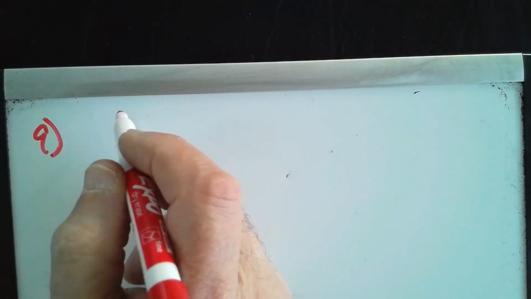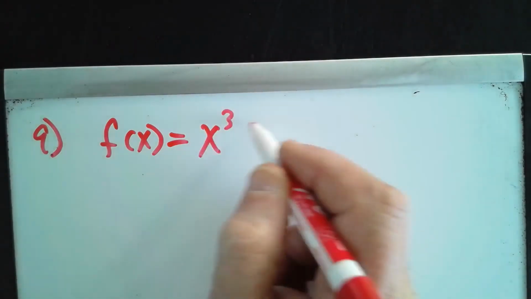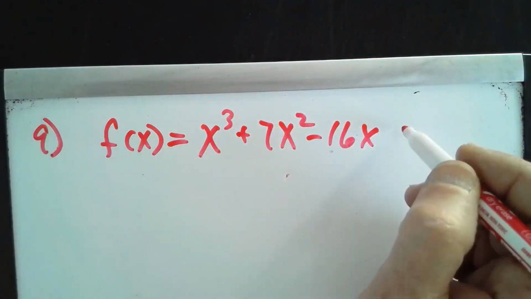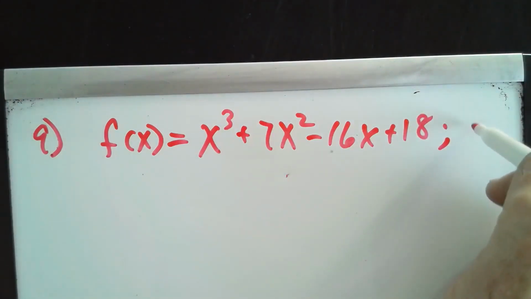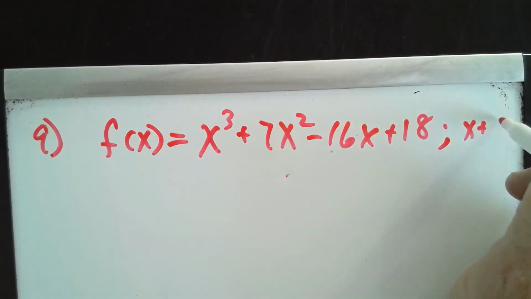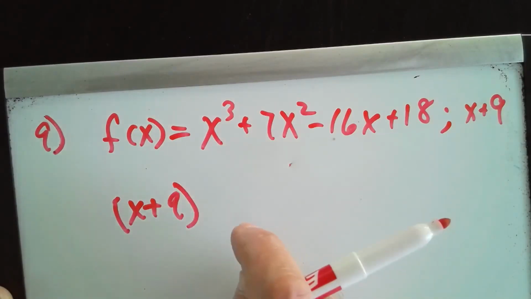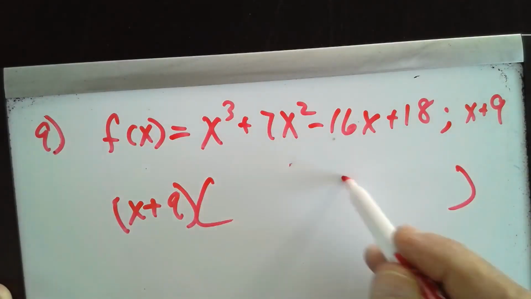Okay, so this is problem 9. We've got here f of x equals 2x cubed plus 7x squared minus 16x plus 18, and we want to know if x plus 9 is a factor.